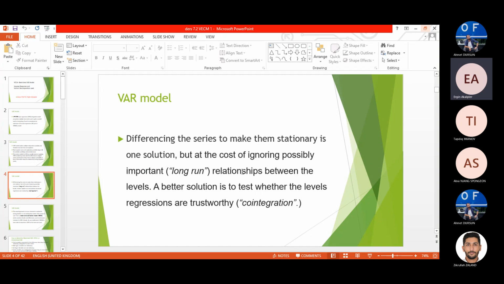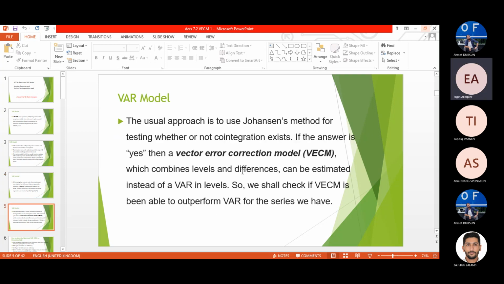Differencing the series to make them stationary is one solution, but at the cost of ignoring possible important long-run relationship between the levels. A better solution is to test whether the levels regression are co-integrated, the so-called co-integration.